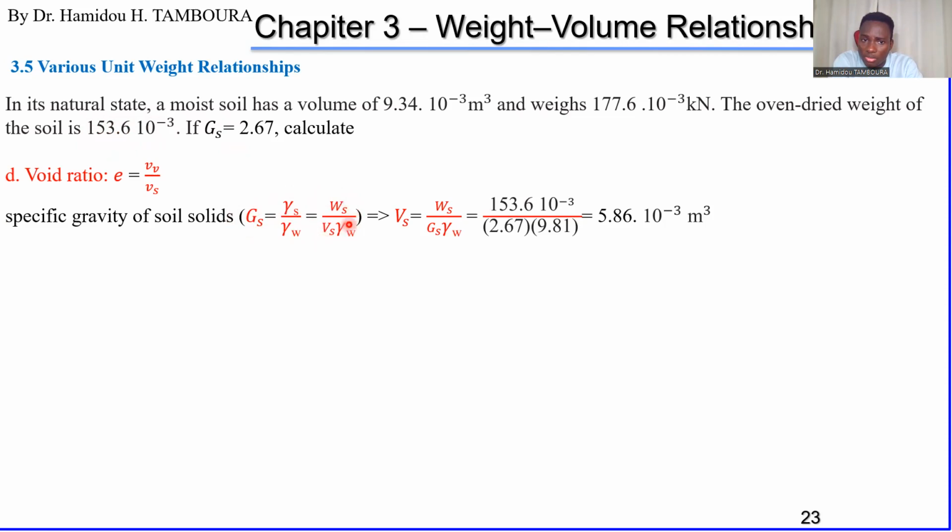So by using this combination, by using the fact that specific gravity is equal to weight of soil particle divided by volume of soil particle, which is multiplied by the unit weight of water, we can obtain the volume of soil particles, which will be the weight of soil particle, we have it here, divided by the specific gravity 2.67, and the unit weight of water is always constant, no matter where you go, where you are.